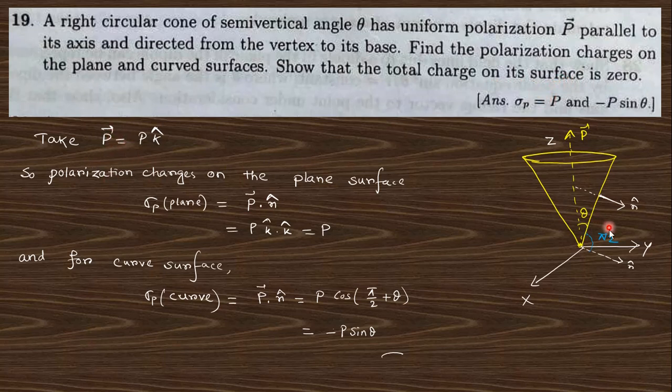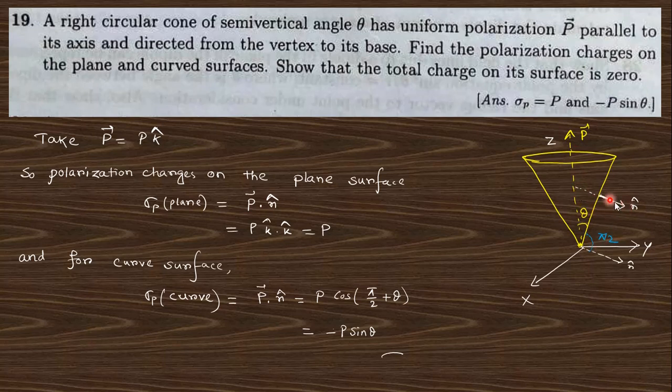So if you take P along the k direction or z direction, that is P equal to P k cap, the polarization charge on the plane surface will be P dot n cap. P equals P k cap and n cap is also k cap for the plane surface, so finally you get P, right? For the curved surface, P dot n cap, P is like that and n is perpendicular like that.